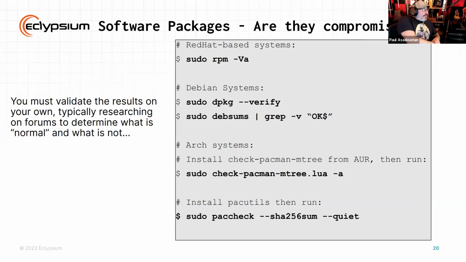This is just the beginning of my thinking about how I would validate some of the software packages on my systems. One of my greatest concerns when it comes to supply chain security, in the context of running a Linux system, is that we run these commands all the time to use our Linux distribution's package repositories to install software.